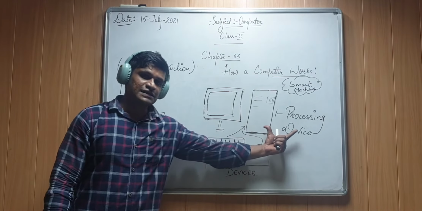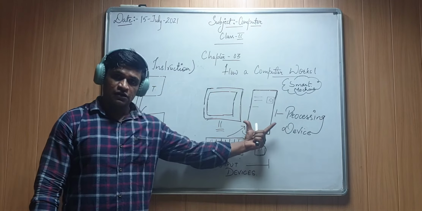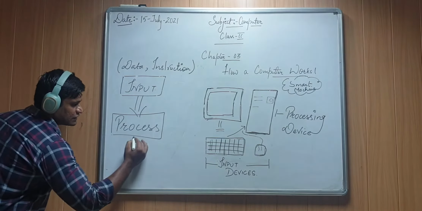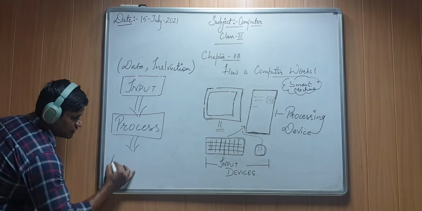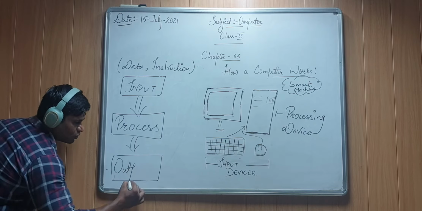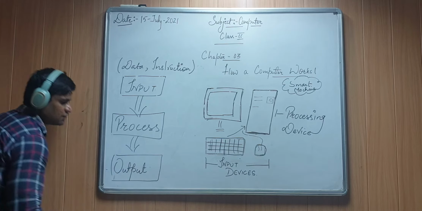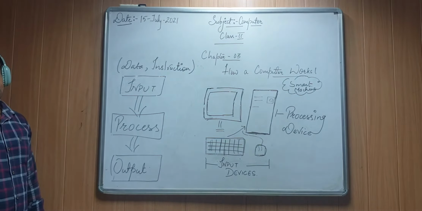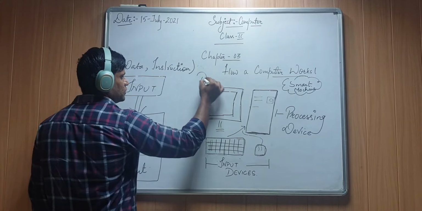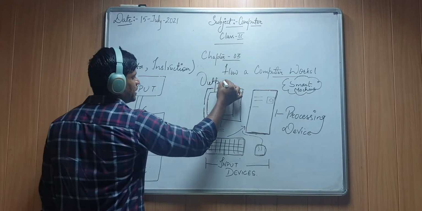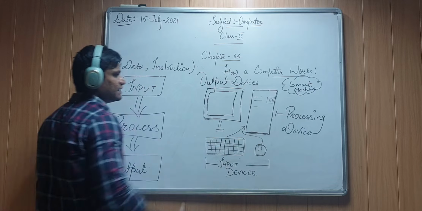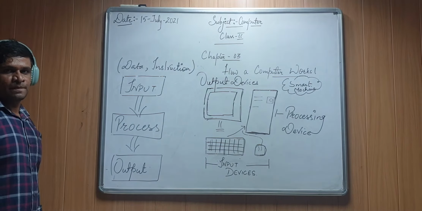Then it will process that input or data in the CPU, that is your processing device. After processing, it will generate the result, the answer, which is known as output, जिसे हम output कहते हैं. That output we normally see on the screen, monitor पे हम output देखते हैं, इसीलिए monitor को हम output device भी कहते हैं.